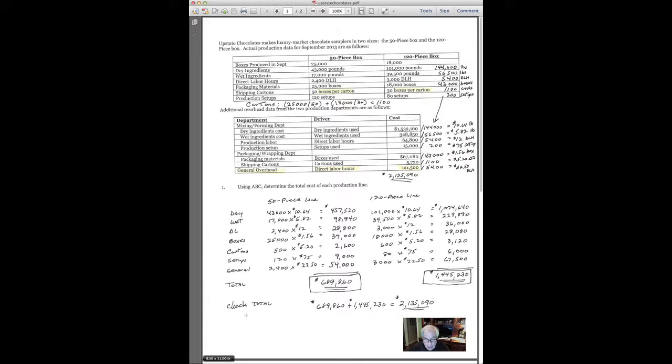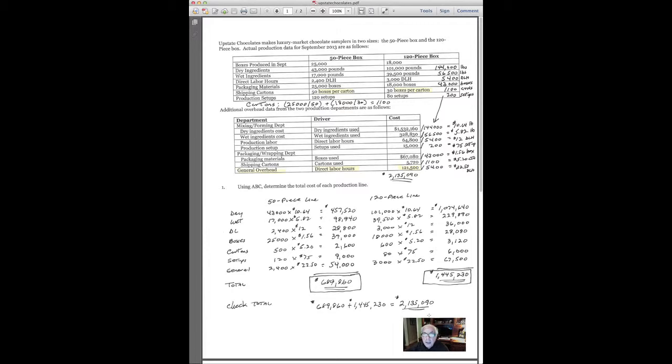Okay? Then I always check everything. I spent too many years as an accountant, so I added 689,860 and 1,445,000 to make sure. You'll notice I wrote a little total up here under my column, 2,135,090, 2,135,090. That tells me that more than likely I didn't make a mistake.